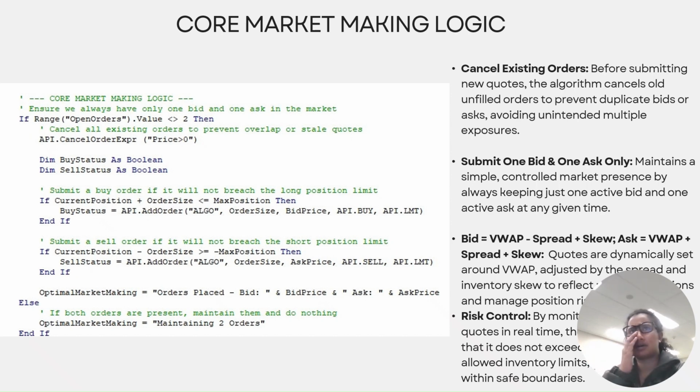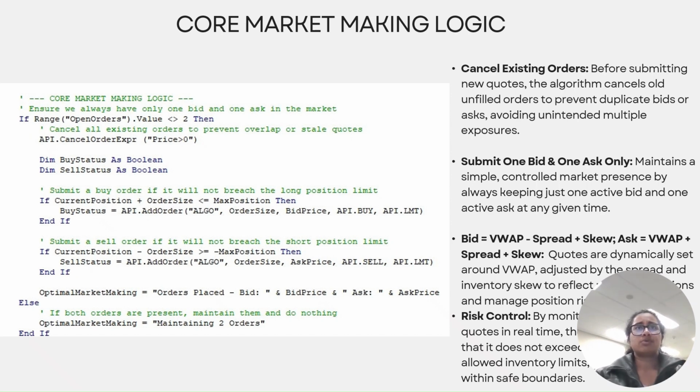In terms of core market making logic, I've mentioned that we've only had the ability to submit one order at a time so that we keep it really simple and don't cater to too many stale orders. We also have a function here that cancels any existing orders. In terms of how the bid and ask price is calculated, we look at the VWAP, spread, and skew.